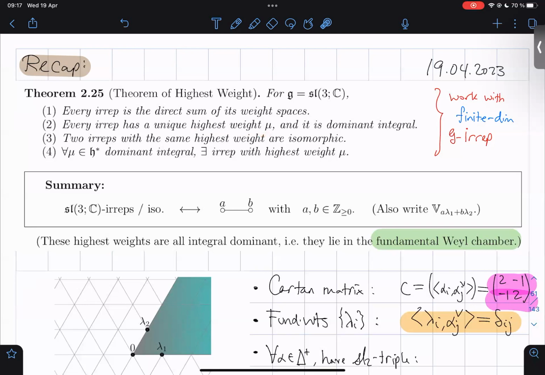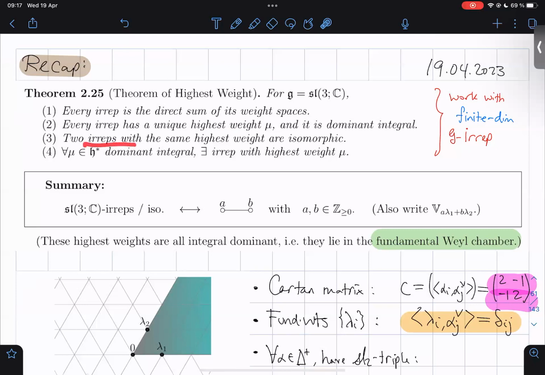That's not the same thing as a maximal element or weight. Maximal says there are no other weights in the representation that are above the given weight. Seems very similar, but it's not, because with a partial order, you can have two elements that are not comparable. But being highest does say that all the other weights are comparable with this one, and mu is the highest one. So just be careful about that.